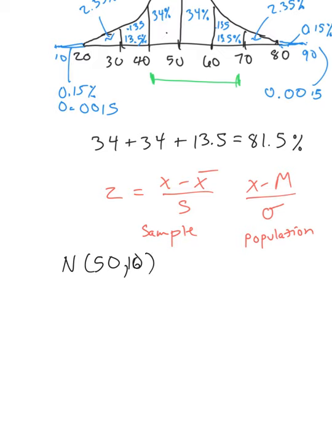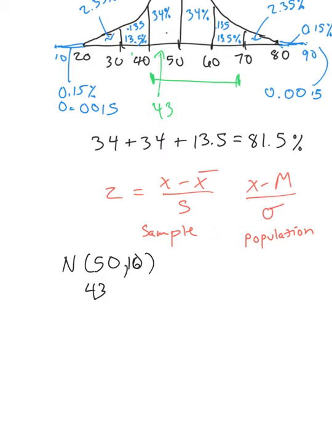Let's say these are test scores, the average was 50, and the standard deviation of the test scores is 10. Then let's say someone scored a 43. If we had a 43, it'd be up here, right there.